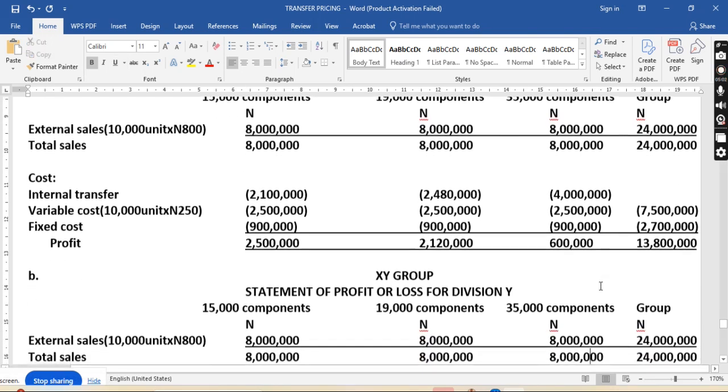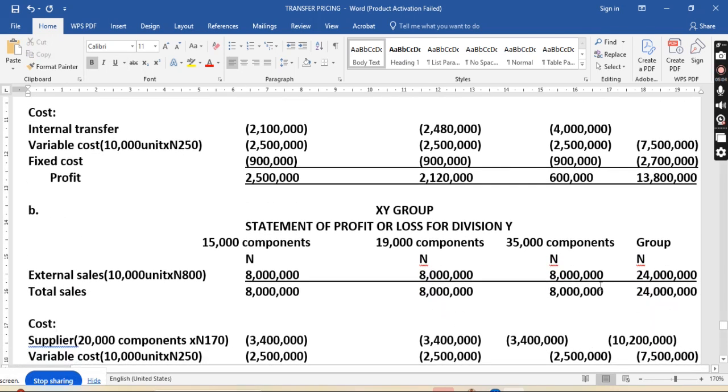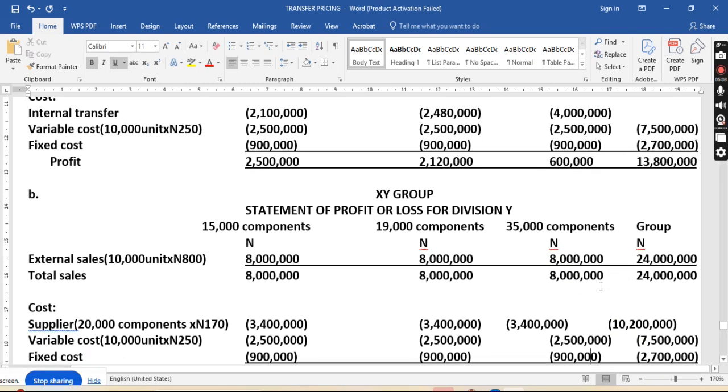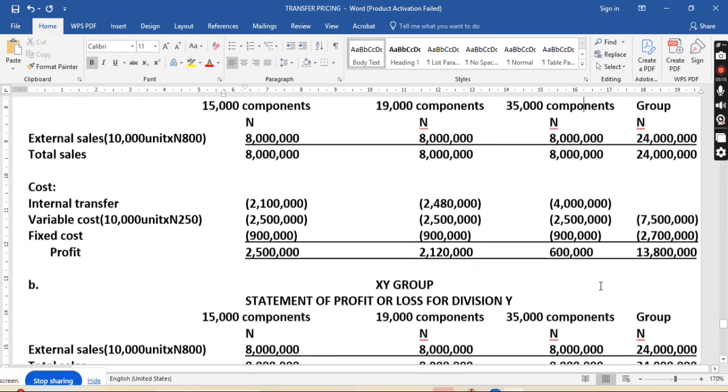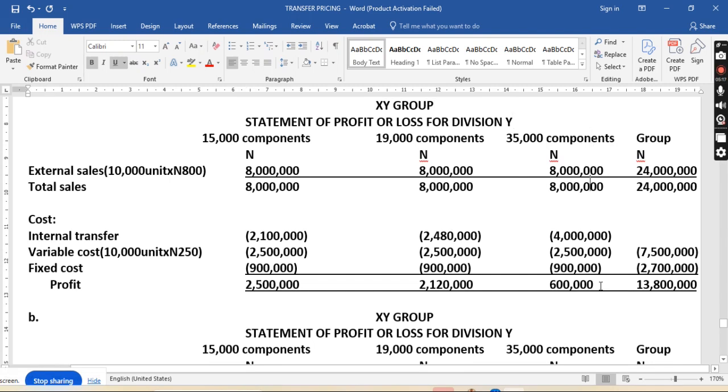Now, in the B part, we don't have any internal transfer because the buying division buys everything from the external supply at 170.